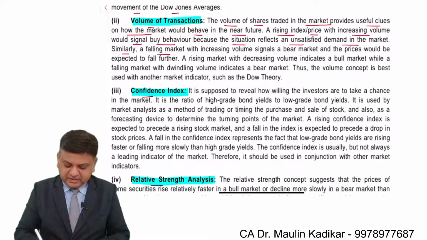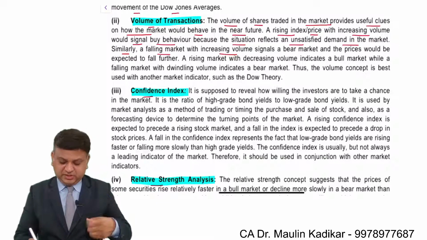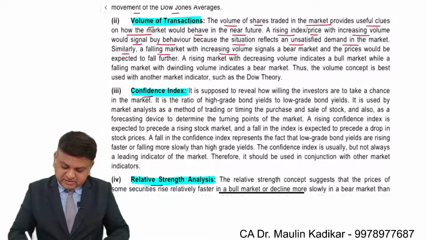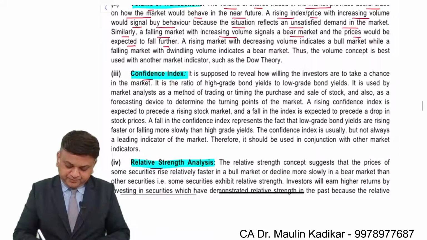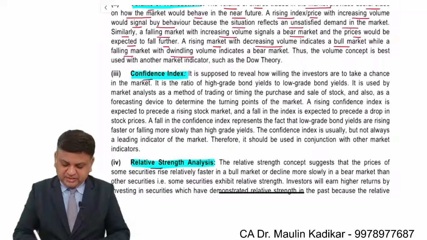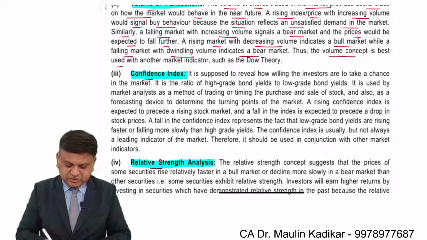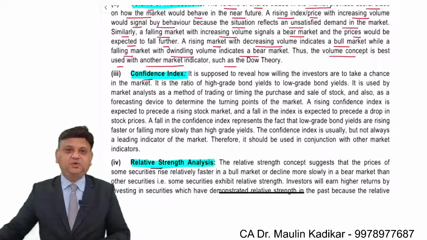Similarly, a falling market with increasing volume signals a bear market and the prices would be expected to fall further. A rising market with decreasing volume indicates a bull market, while a falling market with dwindling volume, that is less volume, indicates a bear market. Thus, the volume concept is best used with another market indicator such as the Dow Jones theory.